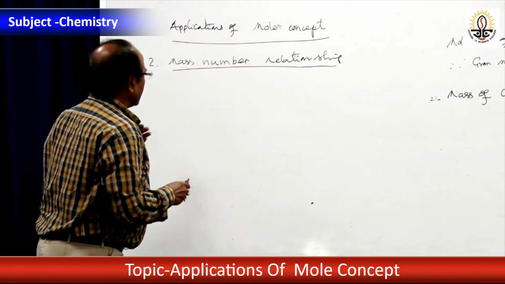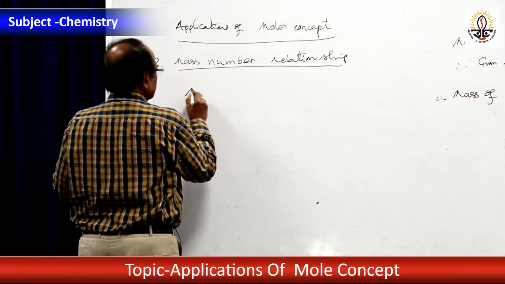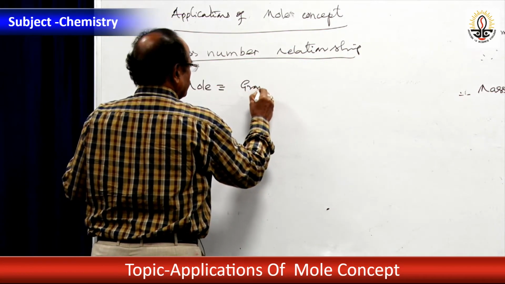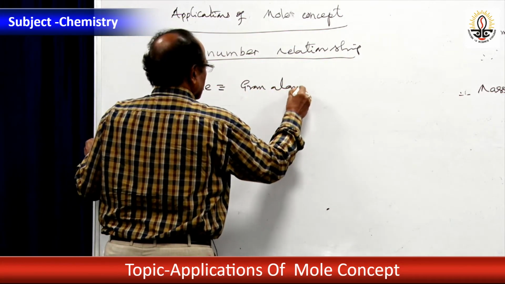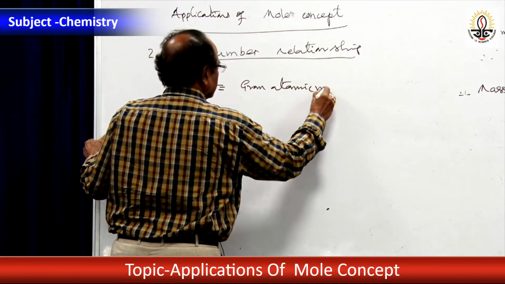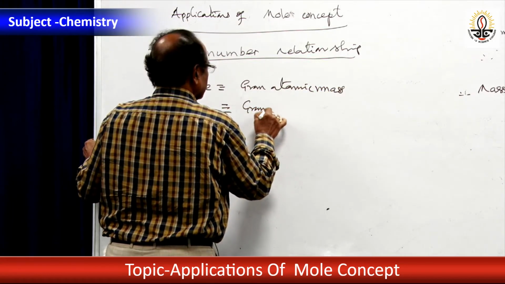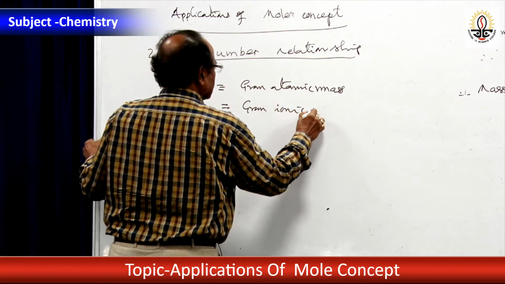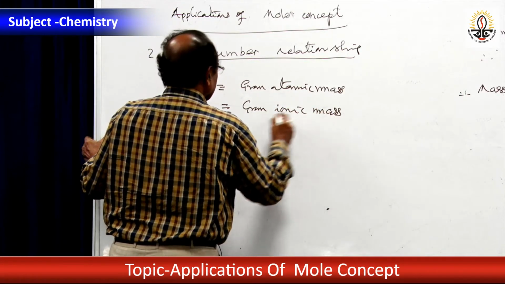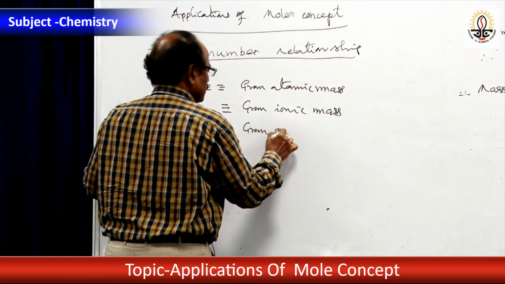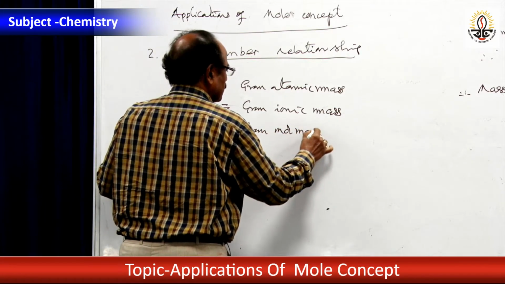How? Now, we know what a mole is. Mole is gram atomic mass, is gram ionic mass, is gram molecular mass.